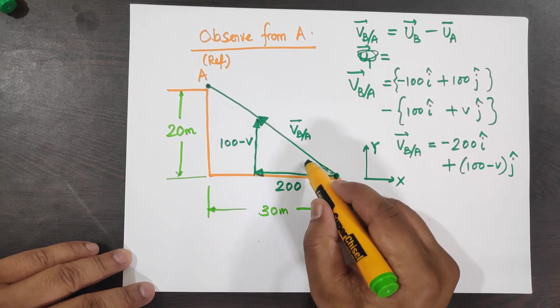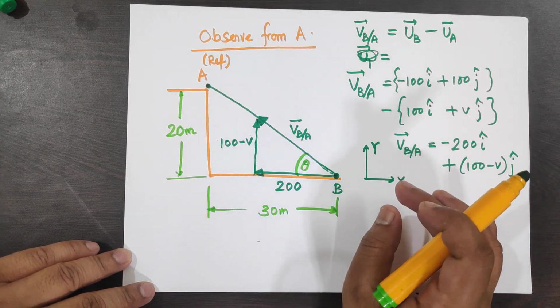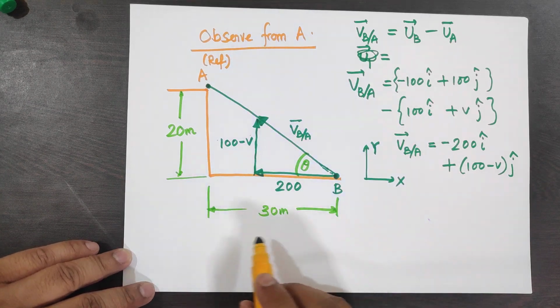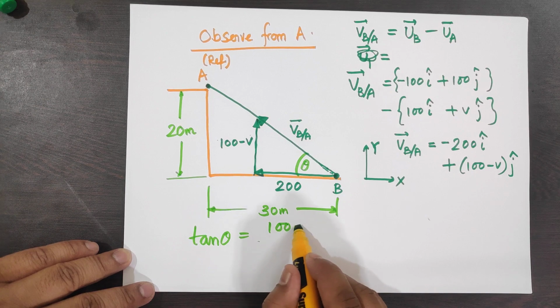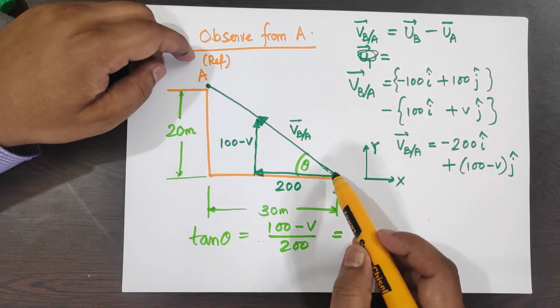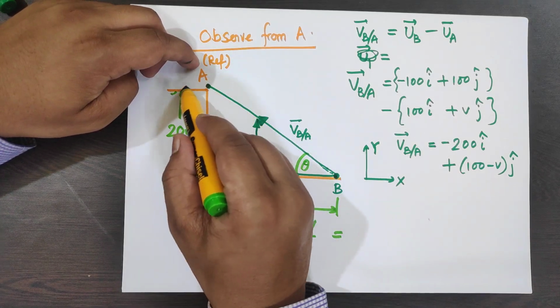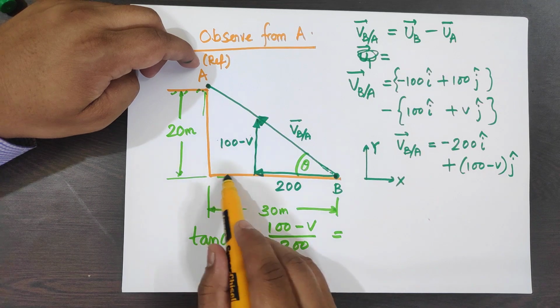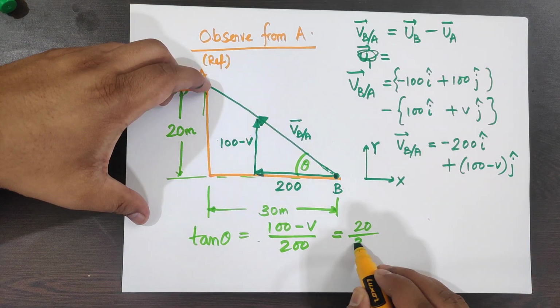So obviously this theta, so tan theta, if you look from the vector triangle, tan theta is how much? From the vector triangle, tan theta is 100 minus V by 200. From this real triangle, means from this point B to this point A, this is this platform and ground, from this, tan theta is 20 by 30.